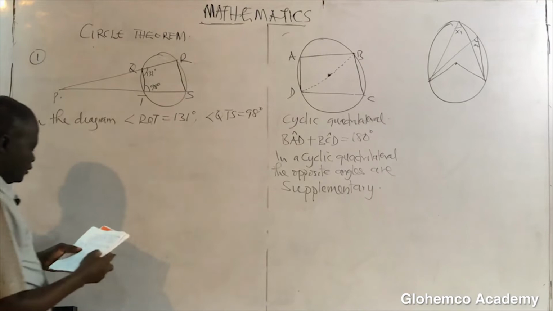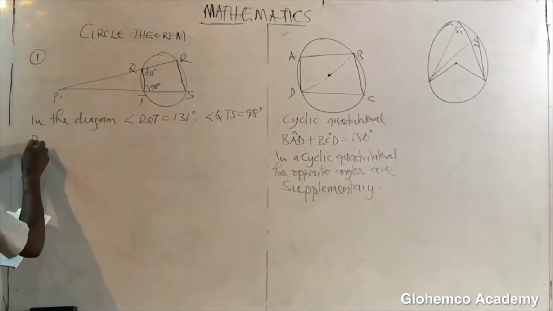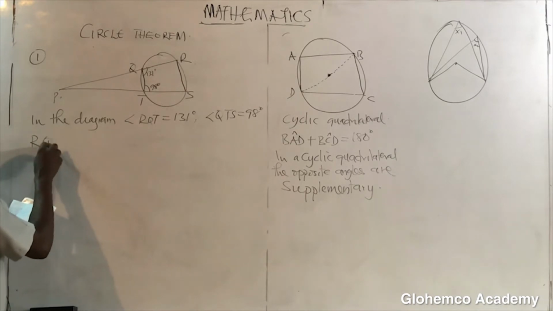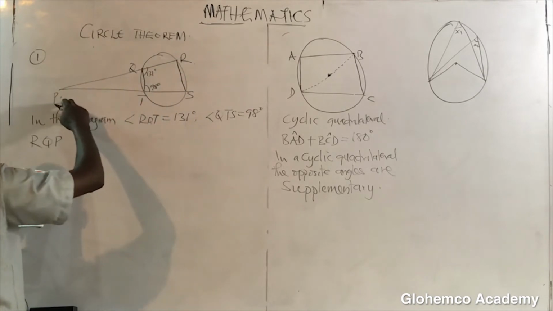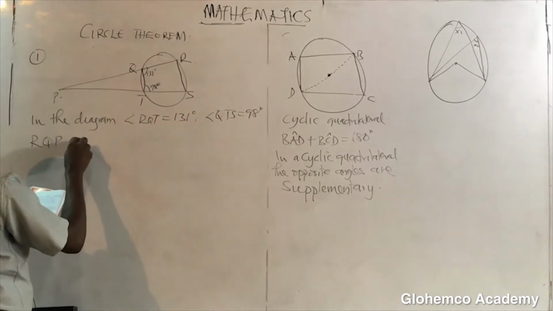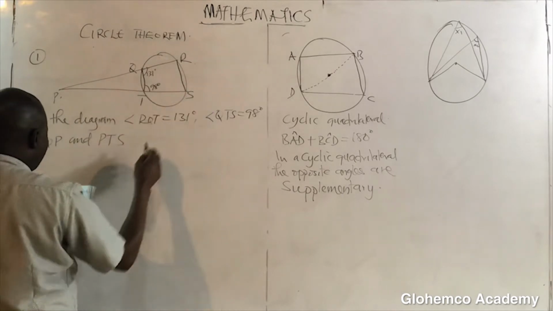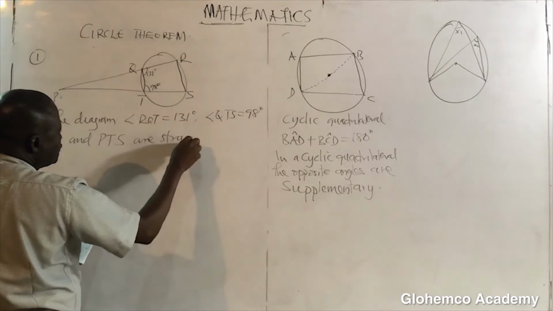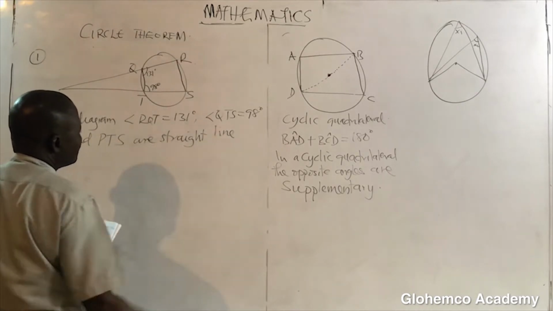The question now says RQP and PTS are straight lines.